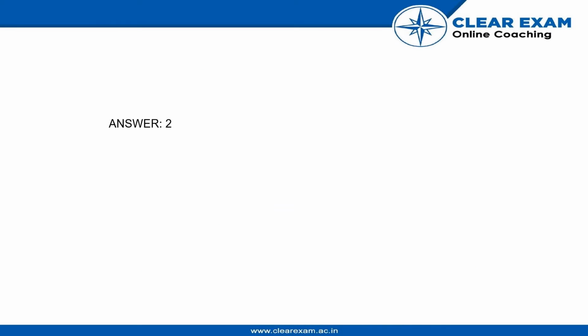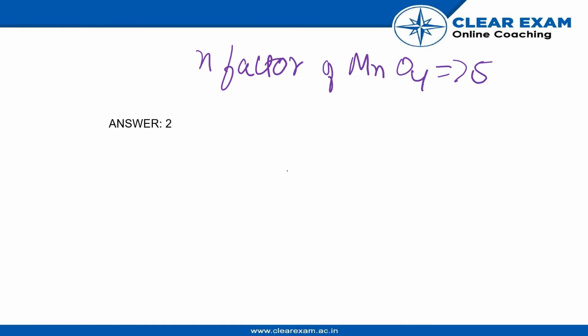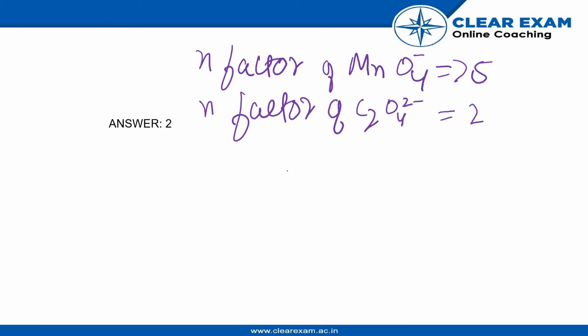So the N factor of MnO4 is 5 and the N factor of C2O4 2 negative is 2. The ratio of N factors of MnO4 and C2O4 is 5:2. That is the ratio.